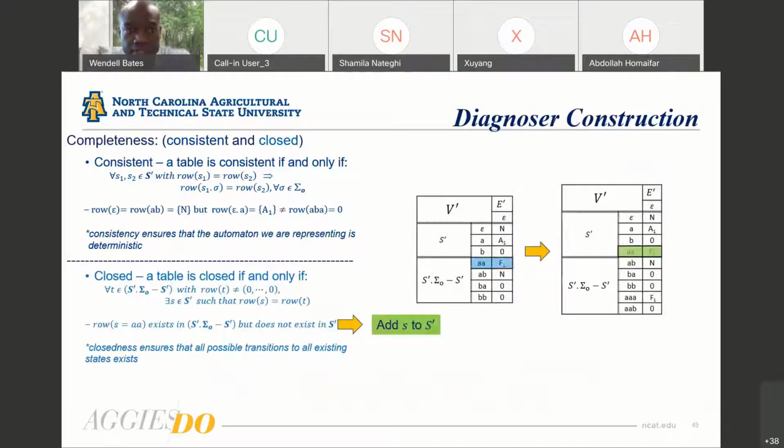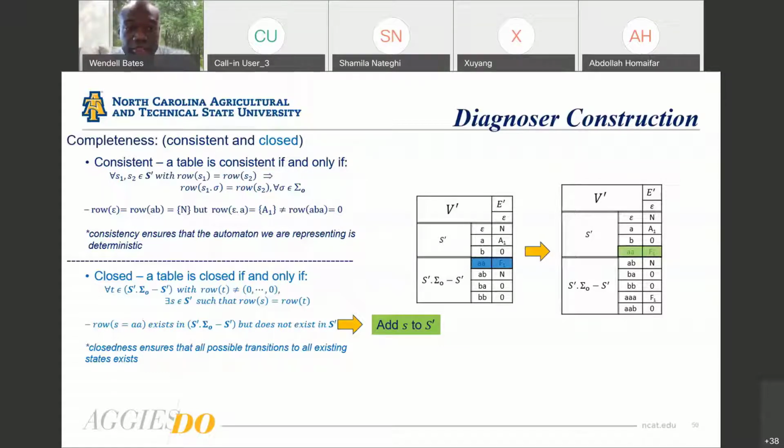And then for closeness, a table is closed if and only if there's no row in S prime sigma minus S prime that is not in S prime. If there is, then that row needs to be moved to S prime, and then the table should be extended accordingly.